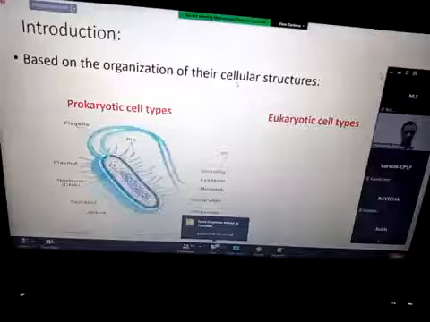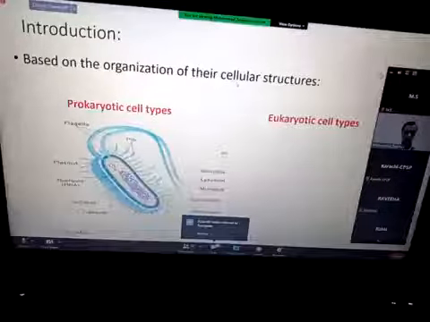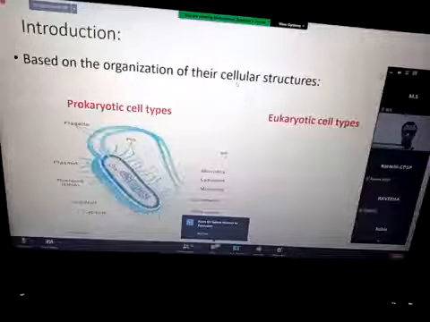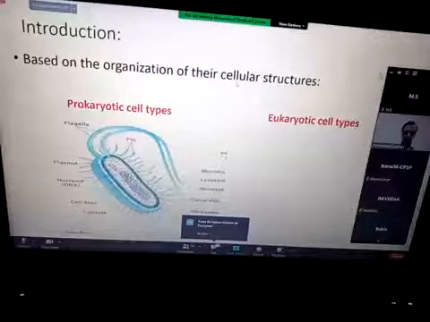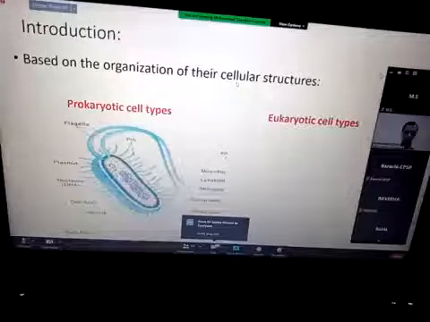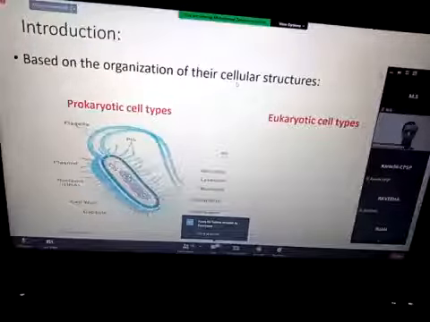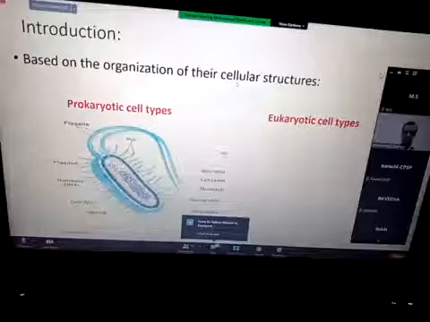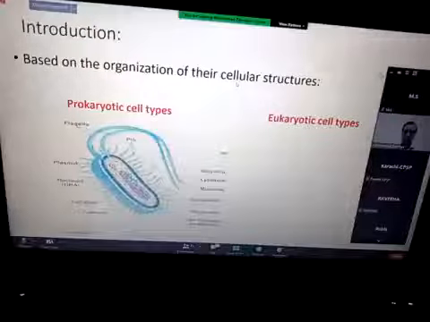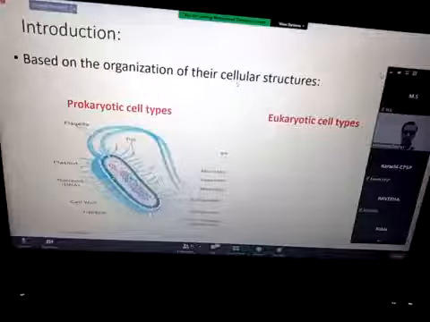It has a basic structure of cell wall and cell membrane, which restrict the shape and the size of the cells. Then it has the liquid portion, which we call cytoplasm, which does not have a very organized structure and which contributes to the metabolism, as compared to eukaryotic cells.